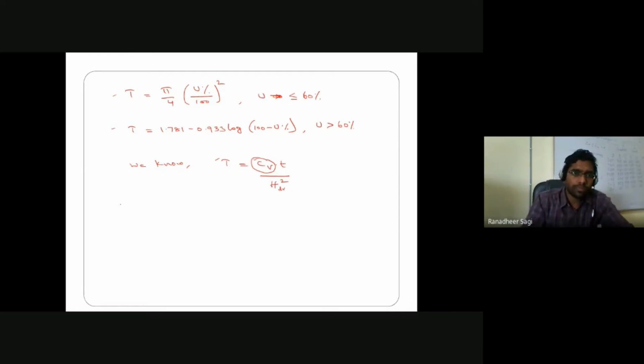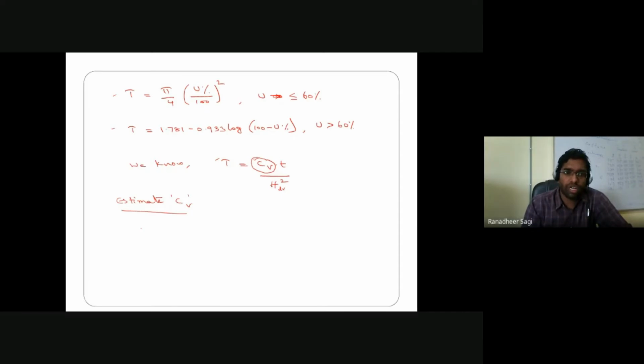So here, for estimating the coefficient of consolidation, we have two different approaches. Our next objective is to estimate the CV value. So how do we find the coefficient of consolidation?